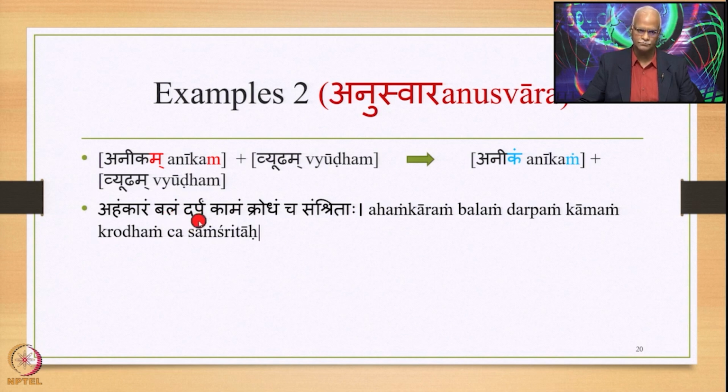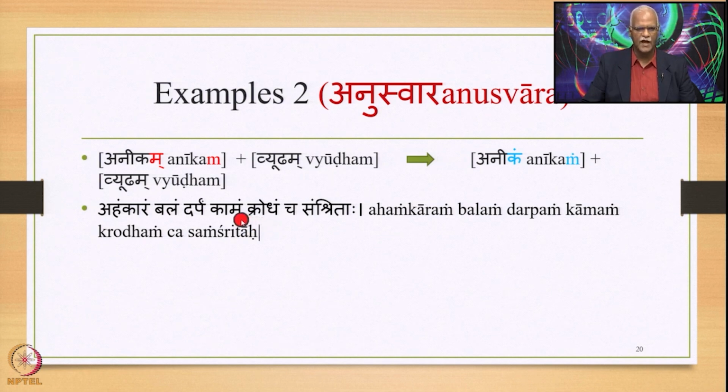Similarly, Darpam. Darpam is also Samshritaha. So this is Ma at the end followed by Ka, which is a consonant. So this Ma gets substituted by an Anuswara over here. So we have Darpam and Kamam. Similarly, Kamam and Samshritaha, and so there is this Ma at the end and Kamam is followed by Krodham, that is Ka at the beginning.